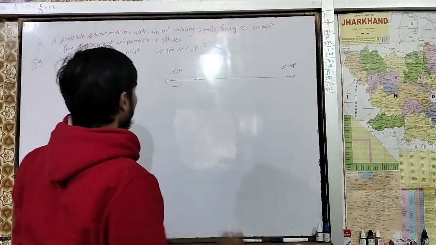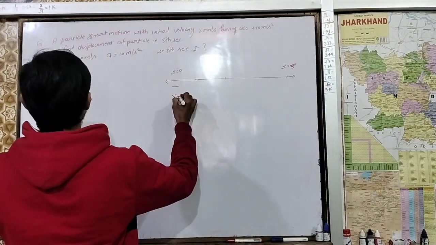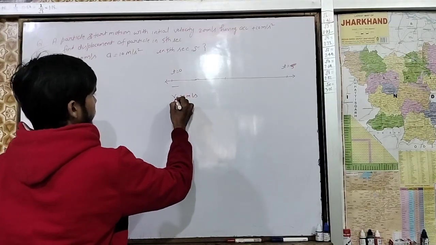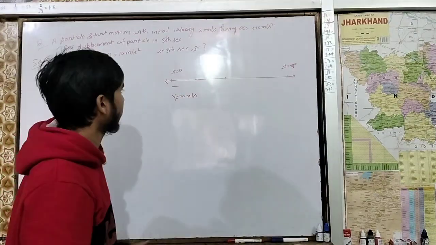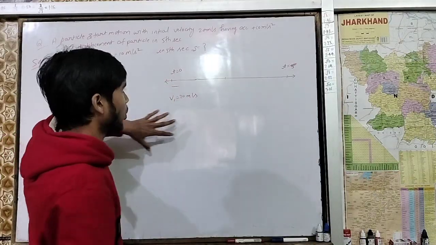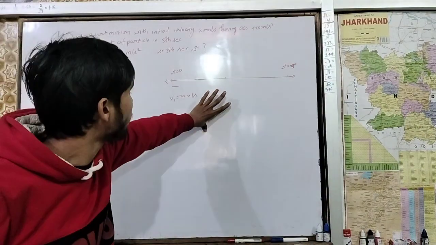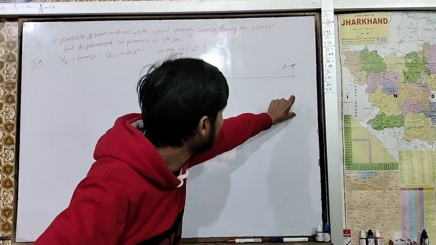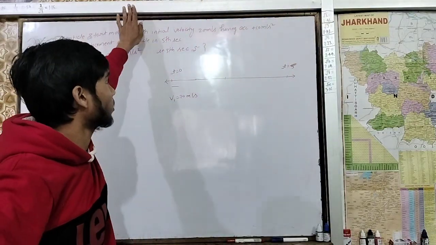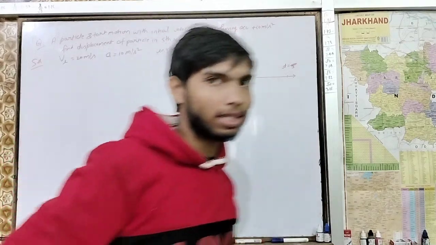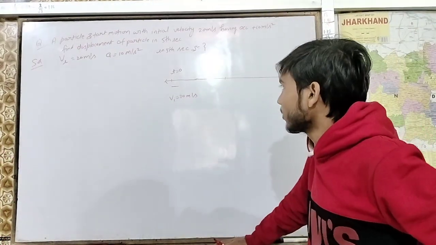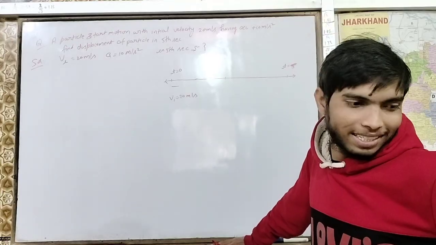And it is moving with 20 meter per second, which means vi. We don't know what the velocity is at the fifth second. Okay, don't care about this.